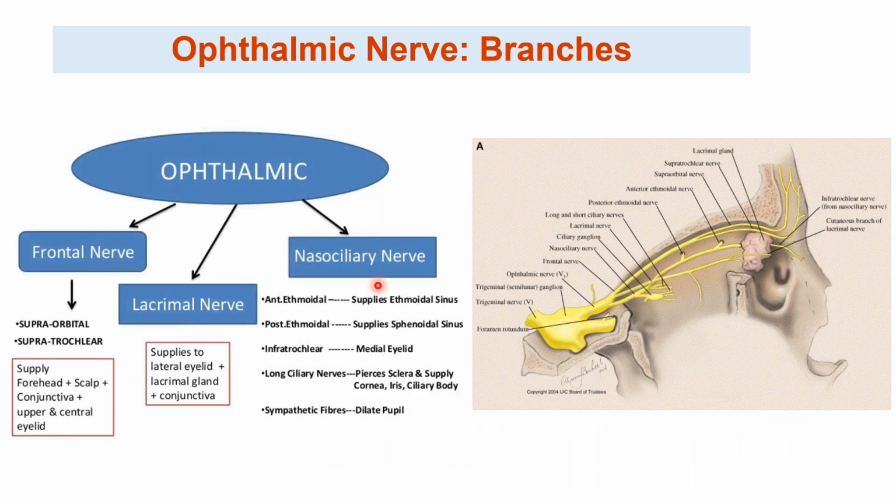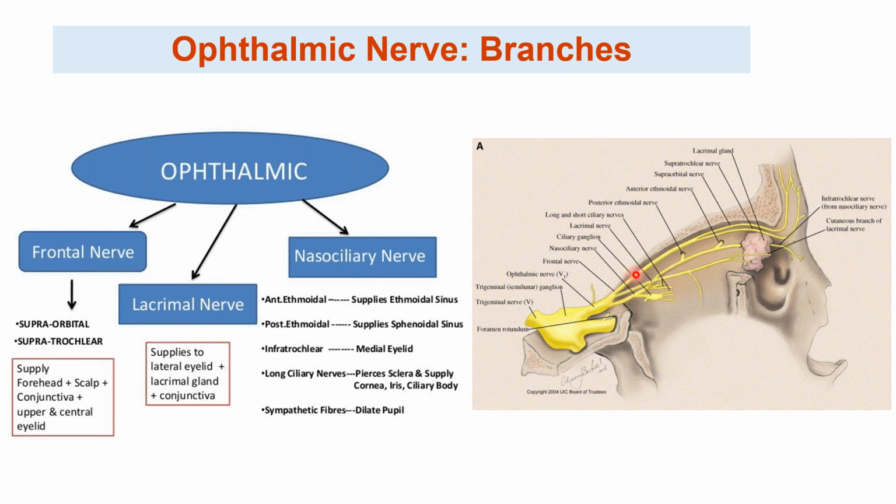These are the branches from the ophthalmic nerve which will be seen in the orbit. The first branch is the frontal nerve, followed by the lacrimal and the nasociliary nerve. This is the ophthalmic division, and this is the frontal nerve, the lacrimal nerve, and the nasociliary nerve.